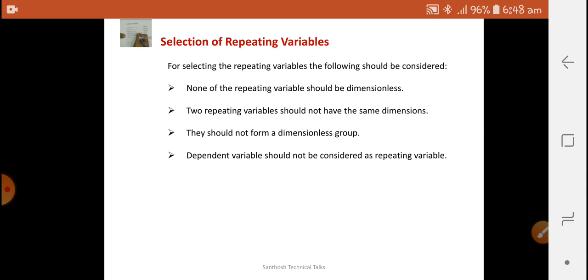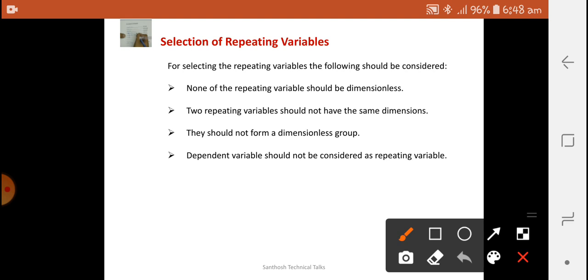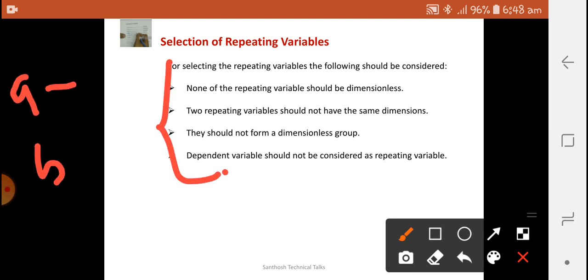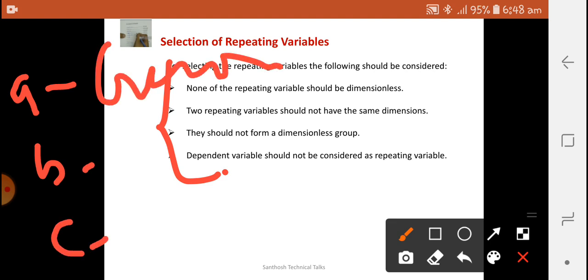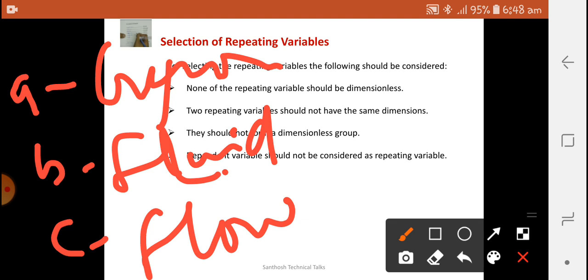That is very important. So as per this, of the repeating variables a, b, c, one has a geometric property, another has a fluid property, and another has a flow property. That is important: geometric, flow and fluid property, whatever the order may be.